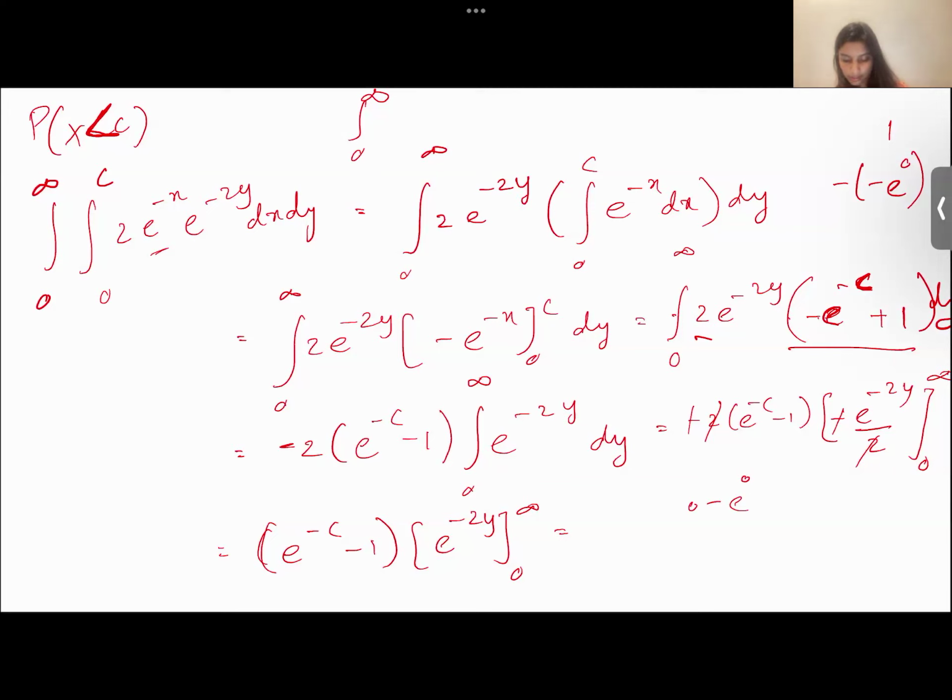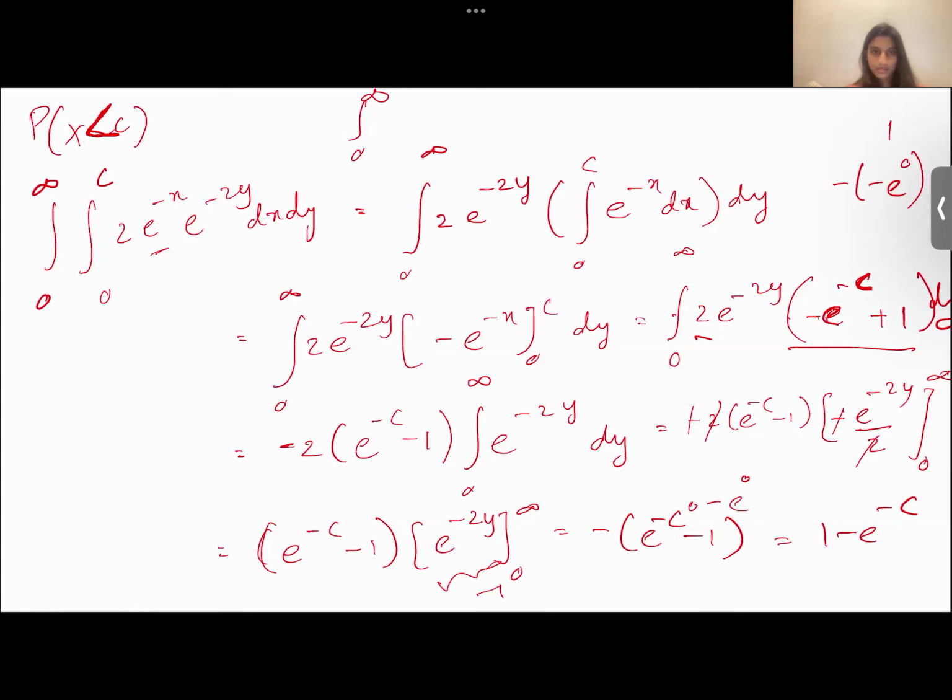So you'll have minus 1. So this term will be minus 1. So just substitute minus here. You'll have minus of e power minus c minus 1, which is equal to 1 minus e power minus c. So that's it. This is the answer to this.